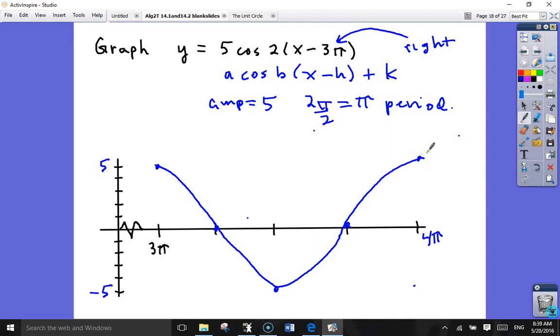Something like that. In the end, all these graphs look the same, right? The only thing that's changing is your labeling. And the labeling is changing based on what's being multiplied, what's being added and subtracted. But if you get that part of it right, then the shape of the graph should be the same.